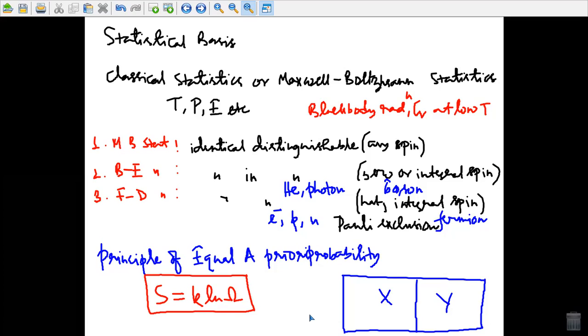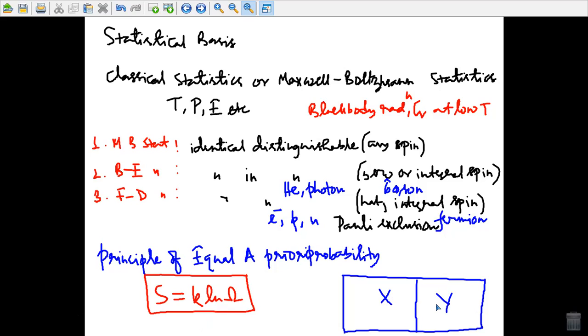In the same way, if we have an open box divided into two equal sized compartments, namely X and Y, and a small particle is thrown from a large distance, then the probability of the particle to fall in the compartment marked X is equal to the probability that it may fall into the compartment marked Y. Again, there is an equal probability.